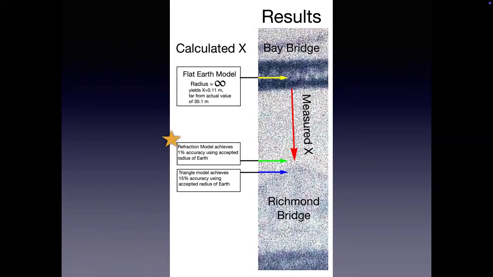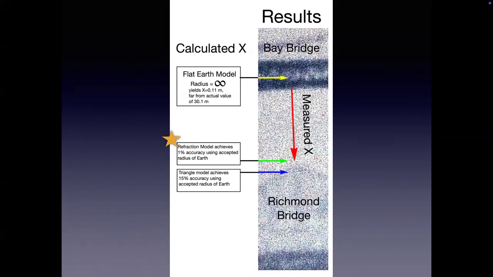So when you're doing this calculation, you have to look from the eye out to the Richmond Bridge, at the tangent at that point. All we're looking at is the angle with the telescope. That's all you can determine with the telescope. So you count the pixels, and that translates to an angle.